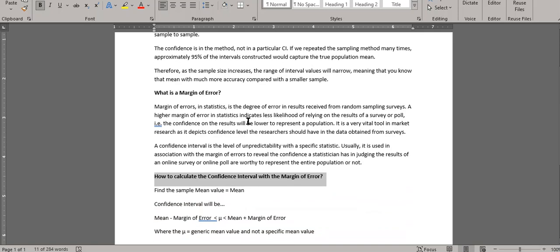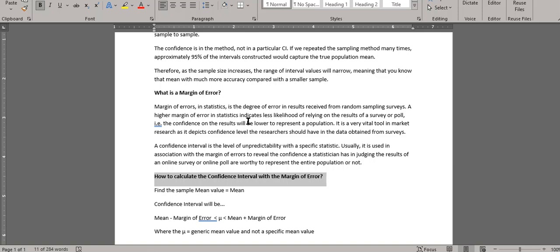So what is a margin of error? A margin of error in statistics is the degree of error in the results received from random sampling surveys. A higher margin of error in statistics indicates less likelihood of relying on the results of a survey or poll, i.e. the confidence of the results will be lower to represent a population.